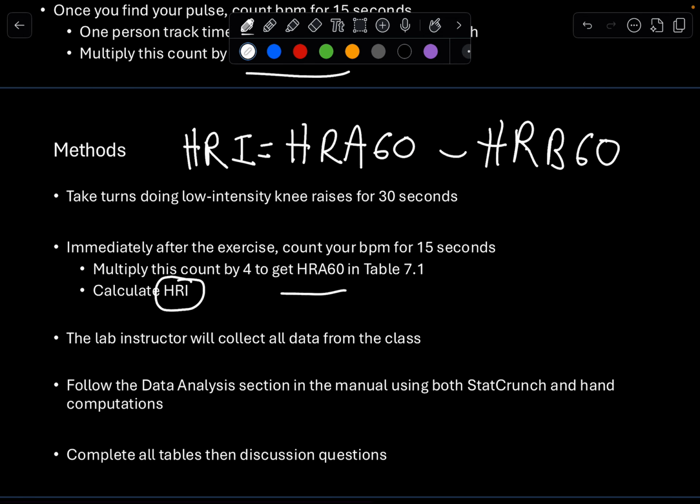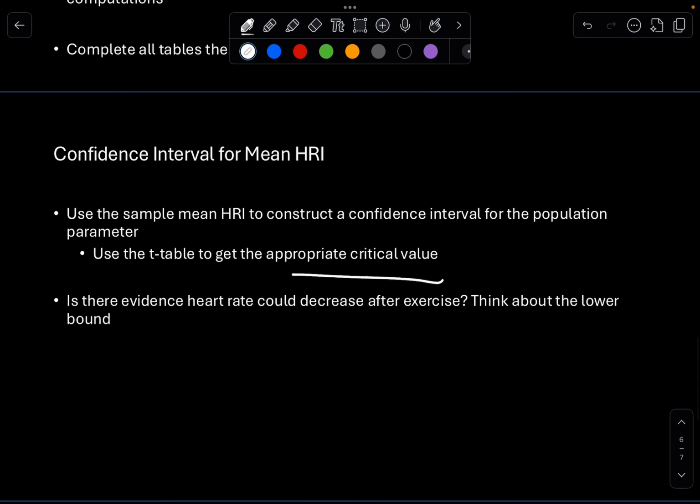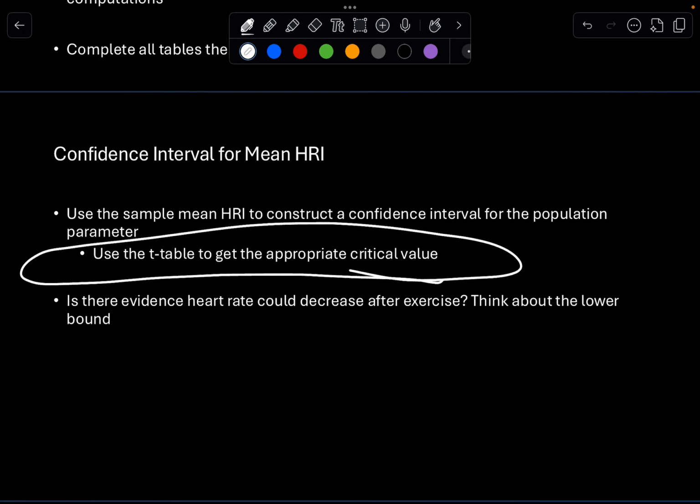And then you'll answer the discussion questions. Same concept, it's still a confidence interval for an unknown value and then a hypothesis test, but now we're doing this for one mean instead of for a proportion. Make sure you use the t-table to get the critical value.